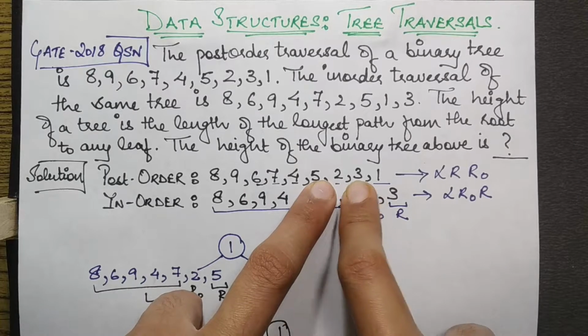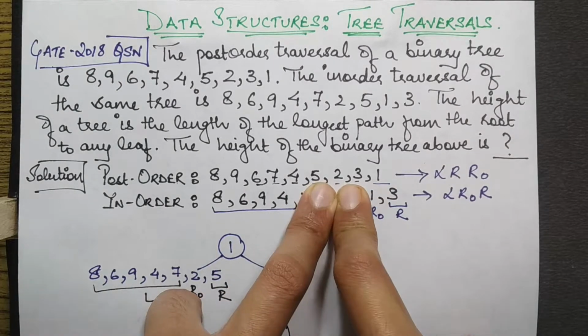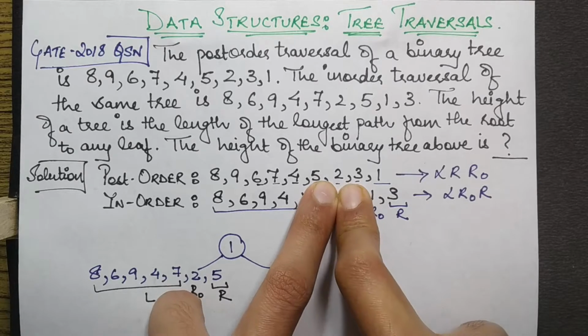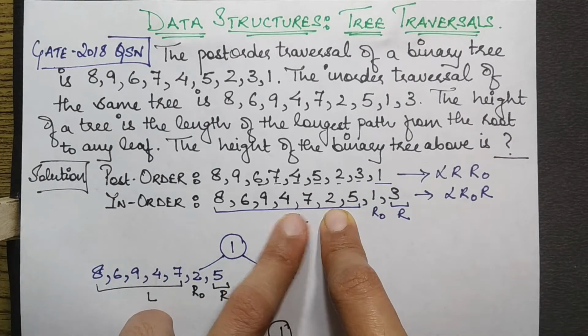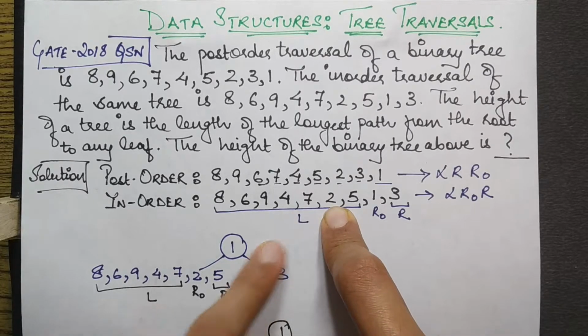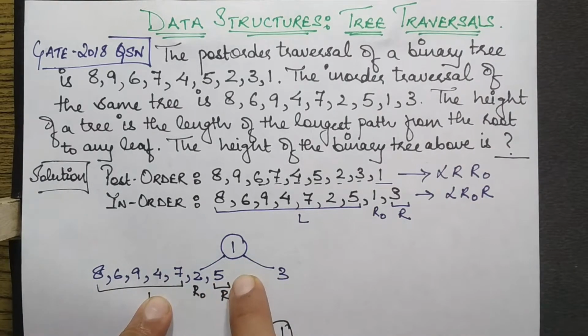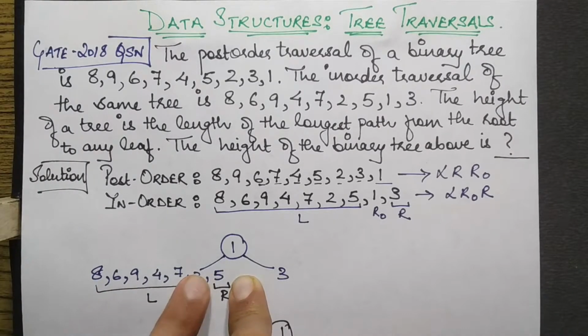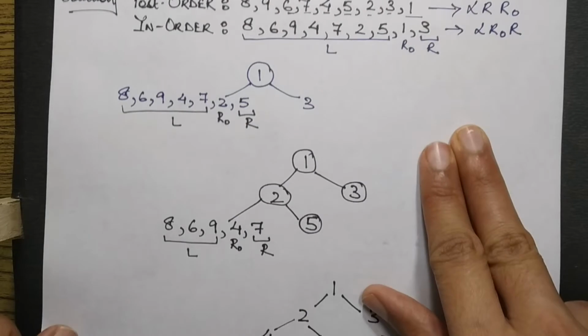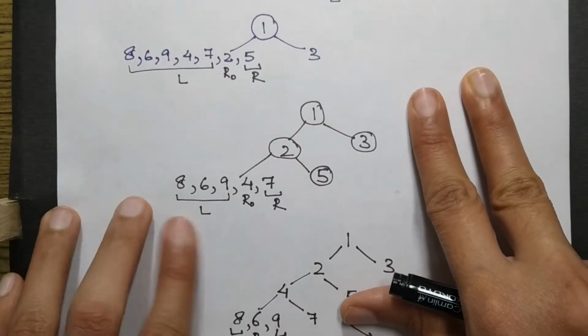Then the next root is 2 over here, right? We are going to take this 2 as the root and analyze the in order. In the in order, we get to know that this is the right child and these are the left children of this root 2. So we draw that graph to the next level.